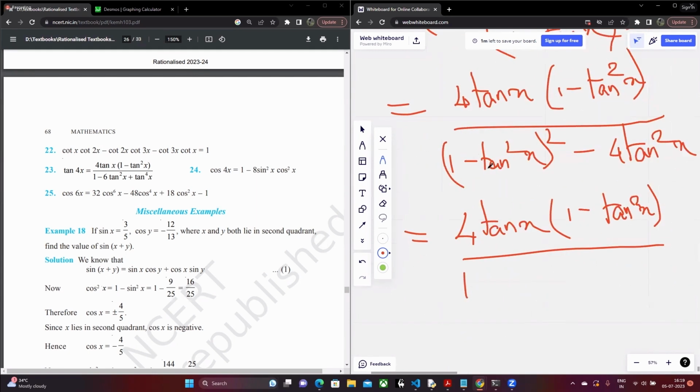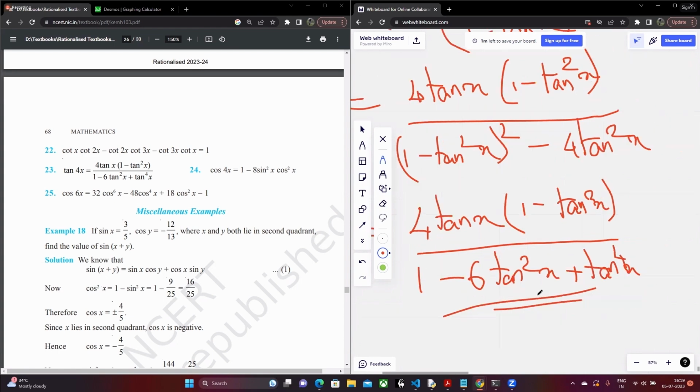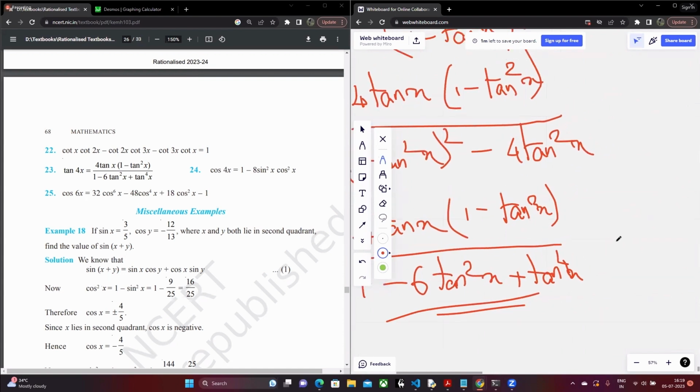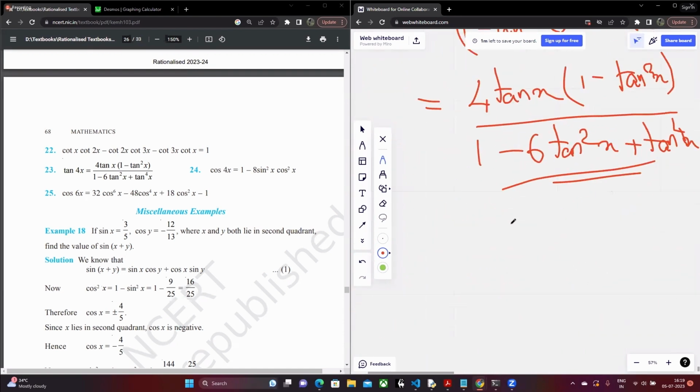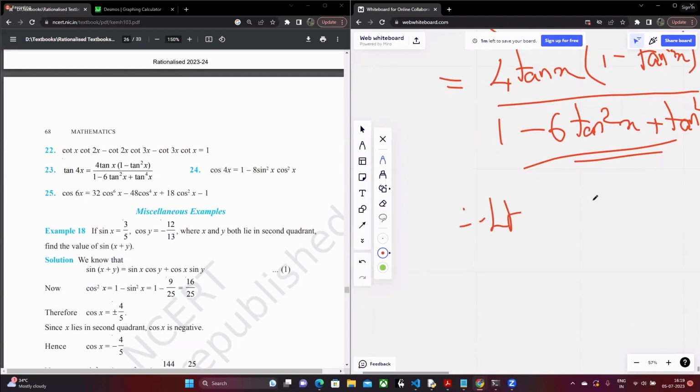There is going to be minus 2 tan square x over here, which along with minus 4 tan square x, I'll write as minus 6 tan square x, plus 1 tan power 4x. Which is basically what's given on the right hand side in the equation. Therefore, I can say that LHS is equal to RHS. Therefore, I have proved it.